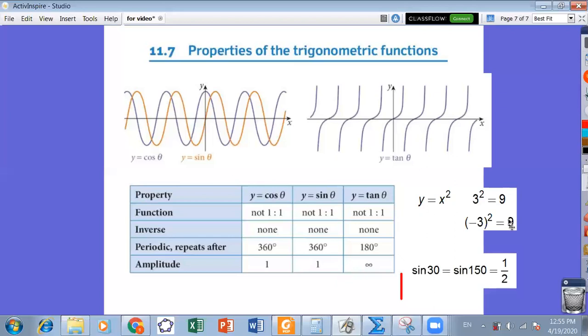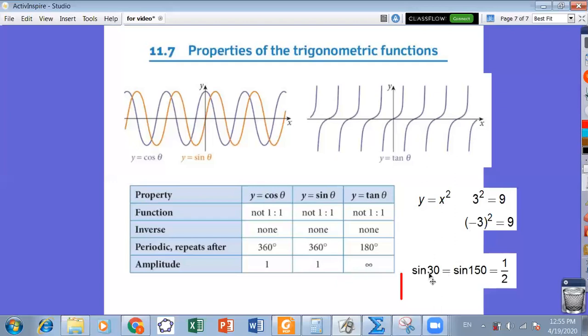To be a one-to-one function, for every point in a set A, there should be a different point in the set B. But here, as you see, we have the same point for two different points, 3 and -3. So this function is not one-to-one. Now let's come to sine and cosine. What's the relation with one-to-one?